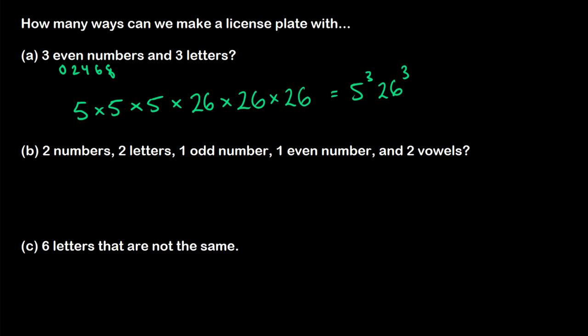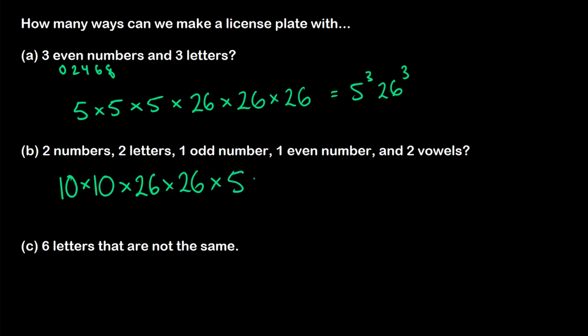Now, what if we restrict ourselves in a different way? Let's do an 8 symbol license plate. First I have to have 2 numbers. While there's 10 numbers to choose from, 0 through 9, so we have 10 choices for our first number, 10 choices for our second number. We have 2 letters, so we need 2 cases of 26 choices here. 1 odd number, so we have 1, 3, 5, 7, and 9.